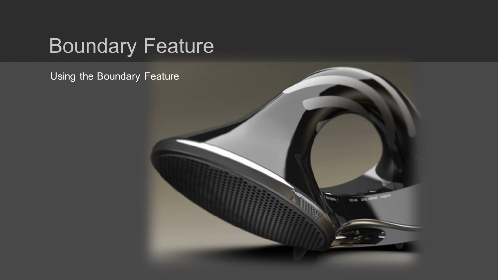So you want to pay attention to what the CMF, or the color material finish, of your model is when you're modeling, because sometimes it can make a profound difference depending on how you build the model and how it's going to turn out in a manufactured product.